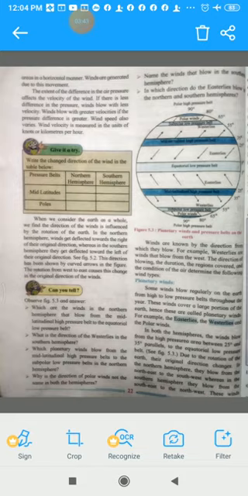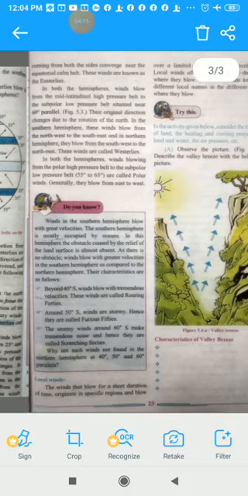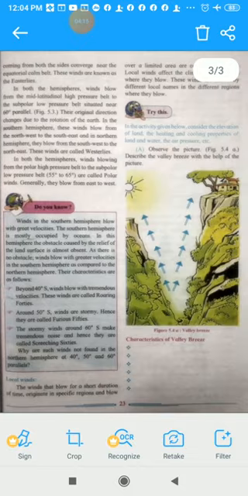So these winds coming from both sides converge near the equatorial calm belt. The winds coming from the mid latitudinal high pressure belt towards the equator, from the northern hemisphere and from the southern hemisphere, come together and gather near the equatorial calm belt. And such winds are known as the easterlies.